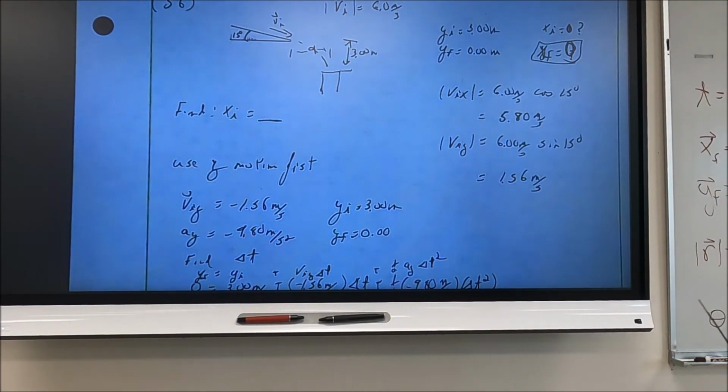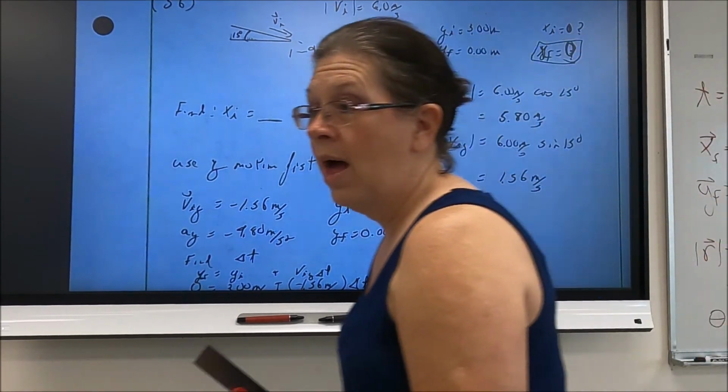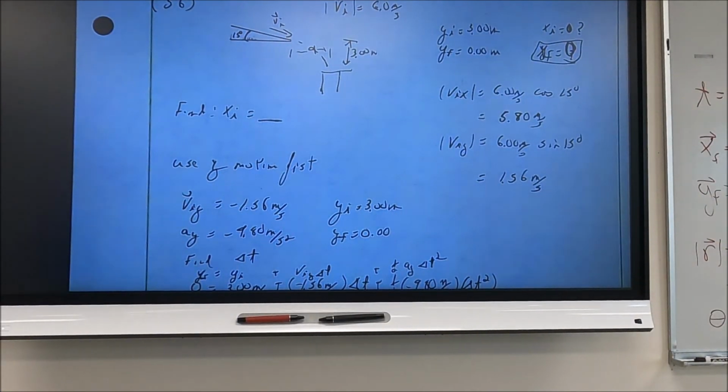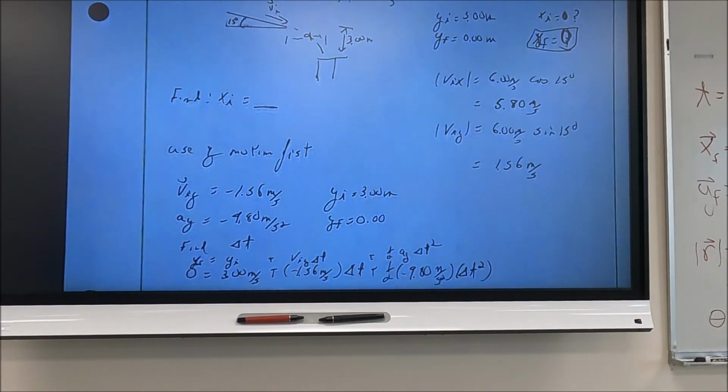Now, we know the most about our motion in the y direction. I know our initial position, final position, I know the acceleration, I know the initial velocity. So we're going to look at the y motion first. Hint, 99% of the time we look at the y motion first.